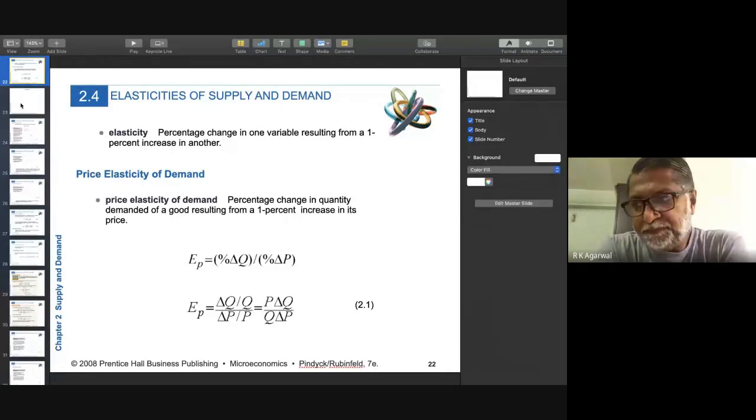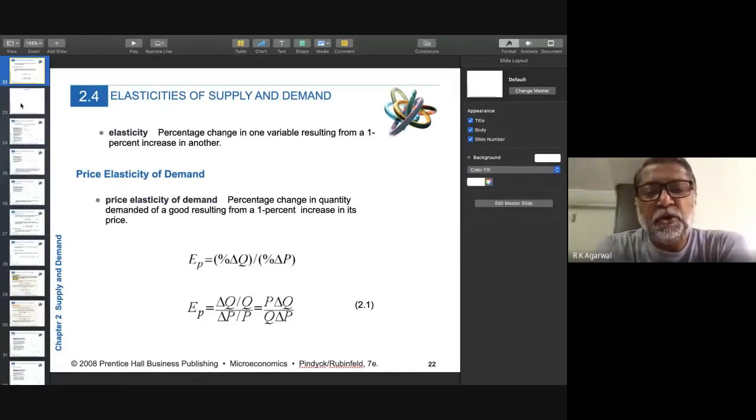That is, when price goes up, the demand falls, and when price falls, demand goes up, provided other things remain the same. For example, income of the consumer, tastes and preferences, substitutes and complementary products should remain the same. All these factors are kept constant, and then we derive the relationship between quantity demanded and price in terms of the law of demand.